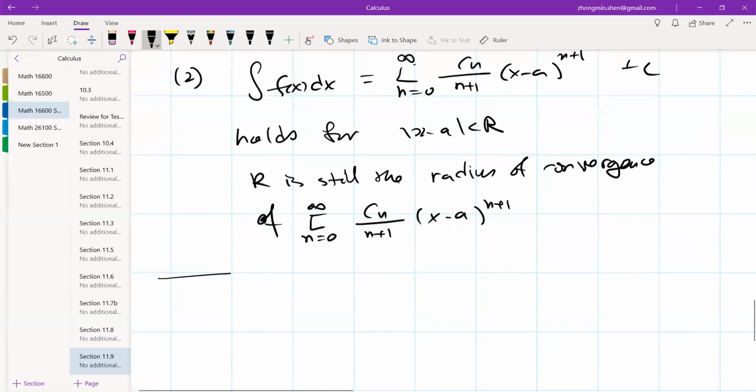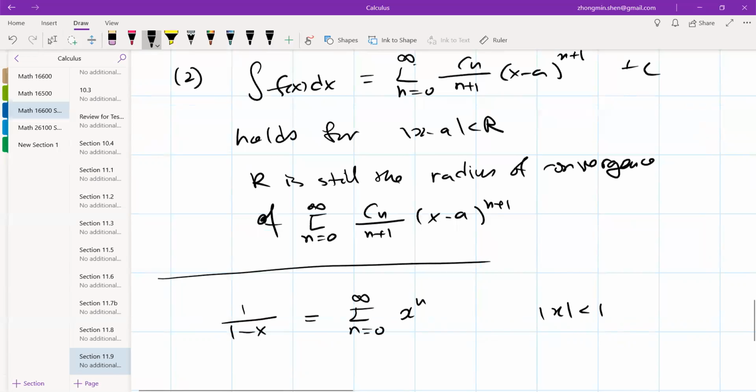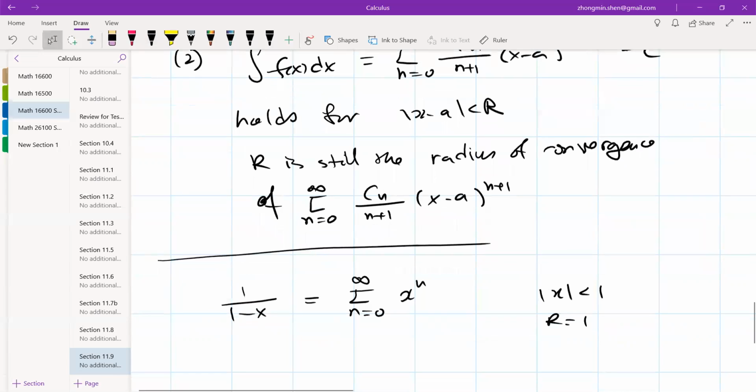So now let's go back to the following problem. Let's go back to 1 over 1 minus x equals the power series. I know we have this, right? The radius of convergence is going to be what? We have this identity, so I'm going to differentiate.